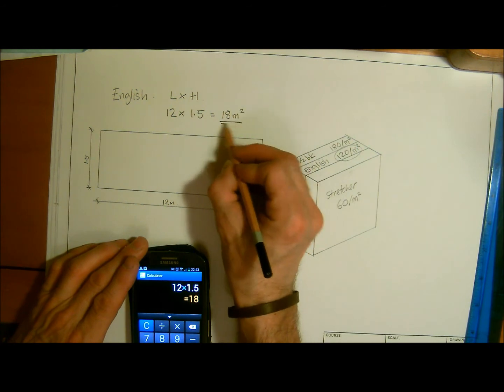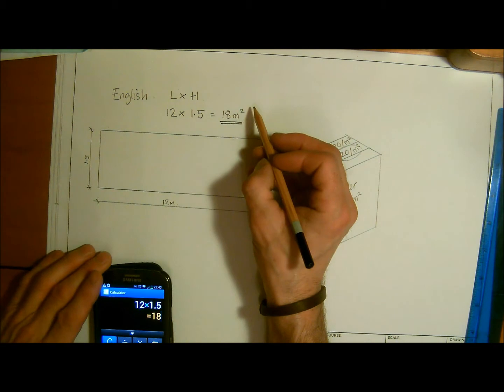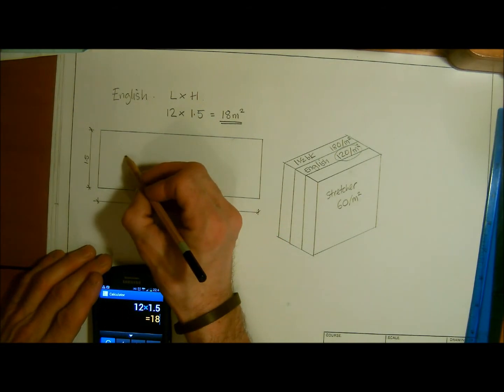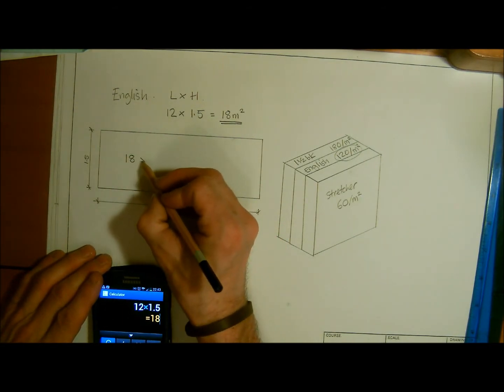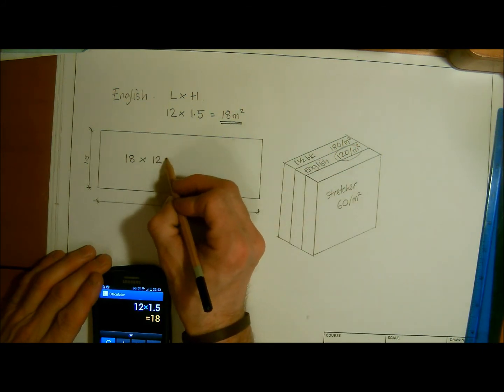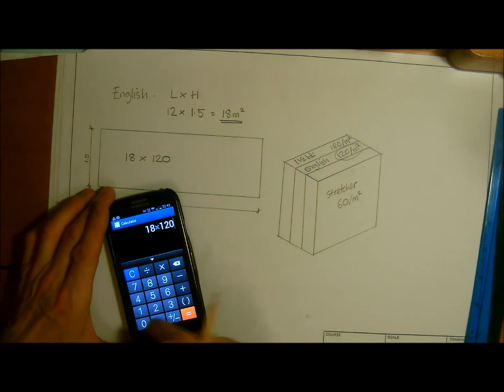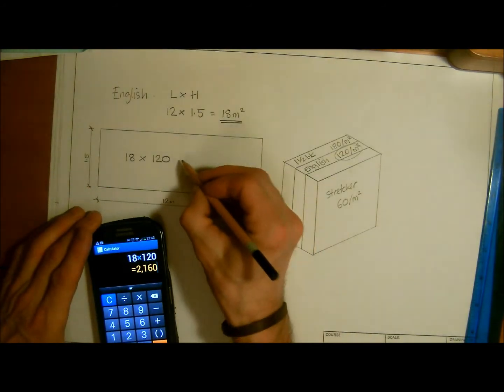As we said before, just underline that just to show that that is our total area, but then we want our 18 multiplied by, remember we're in English bond, so 120. So 18 multiplied by 120 equals.